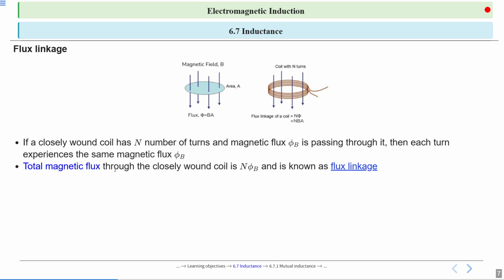Total magnetic flux through the closely wound coil is n phi b and is known as flux linkage. Okay, so the magnetic flux that is linked with all the turns of the coil is known as flux linkage. So flux linkage in this case will be n into phi b. Phi b is the magnetic flux through one turn.